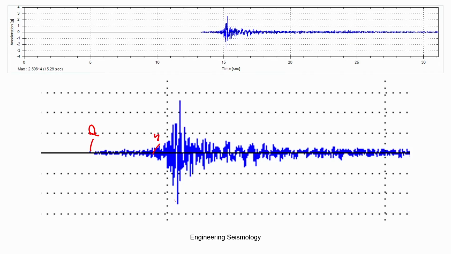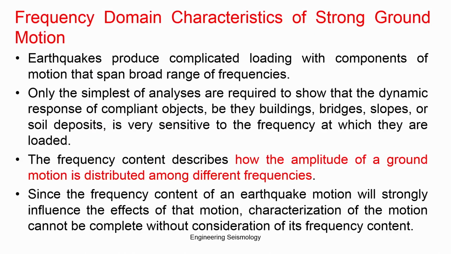If you zoom in, you can see that the strength of the earthquake lies somewhere here. These portions impart more energy to the structure. So we need to deal with this properly and in a systematic manner, and that is what we do in the frequency domain analysis, estimating the frequency domain parameters.